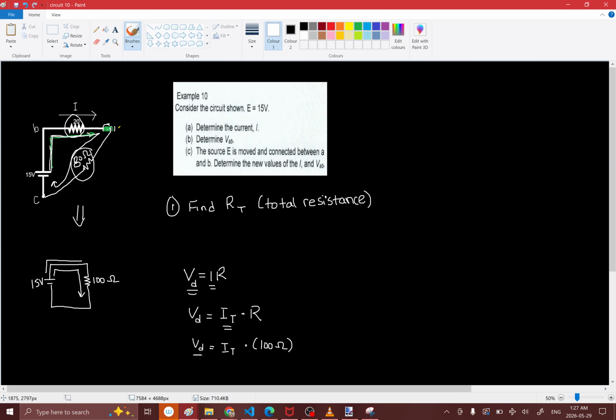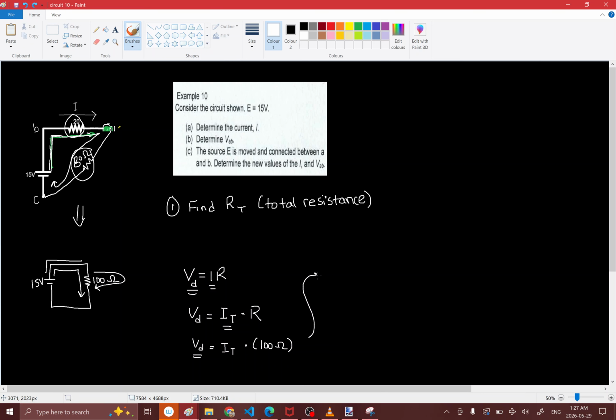Now what's the voltage drop across this resistor over here? Well, the battery only has 15 volts to give, and this is the only resistor in the path. So that means that all 15 volts are going to drop across this resistor.